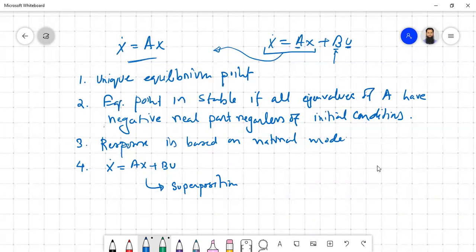Secondly, bounded input should give you bounded output. That condition has to be there. So the condition of stability is that bounded input gives bounded output.